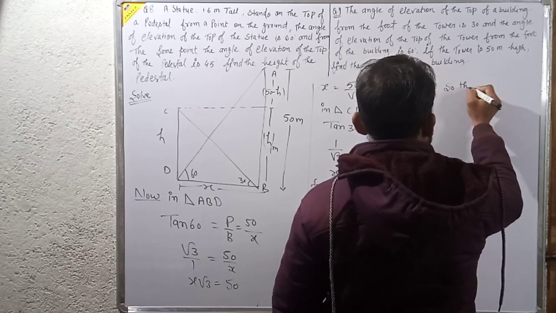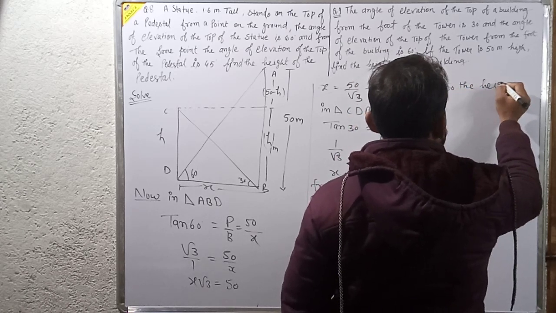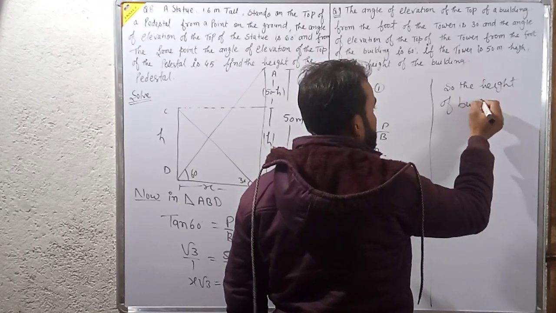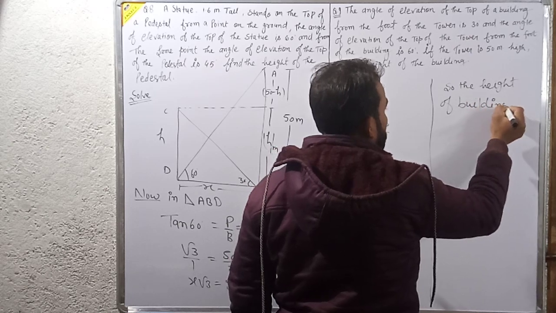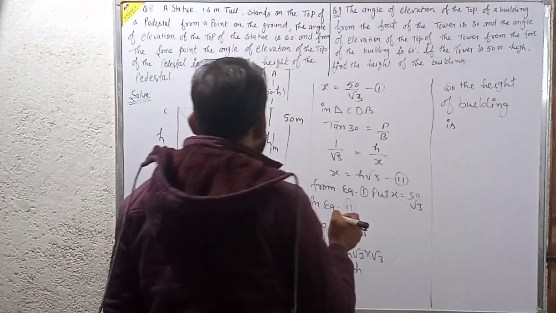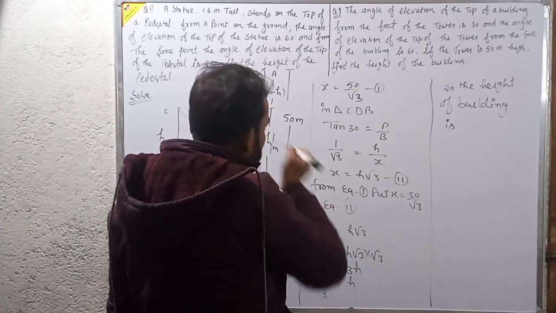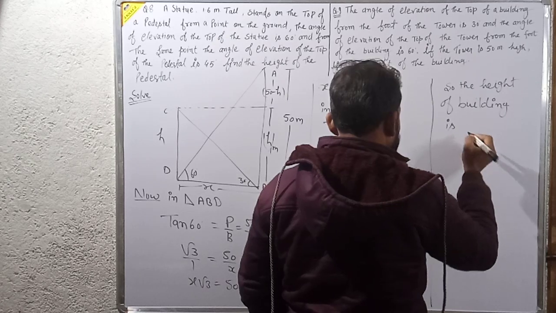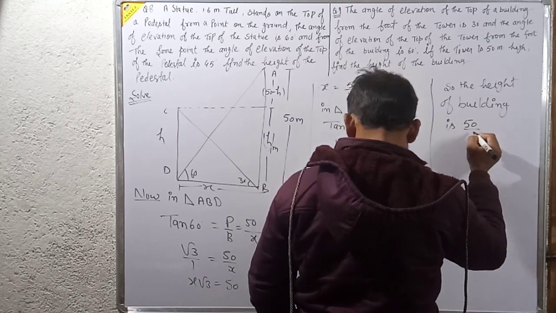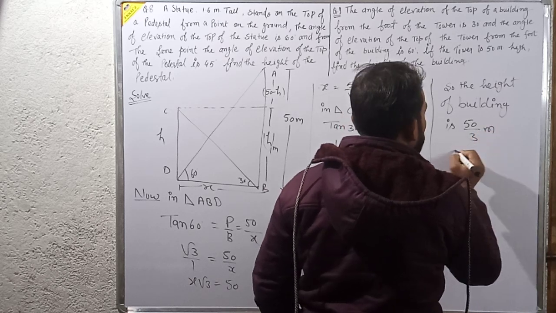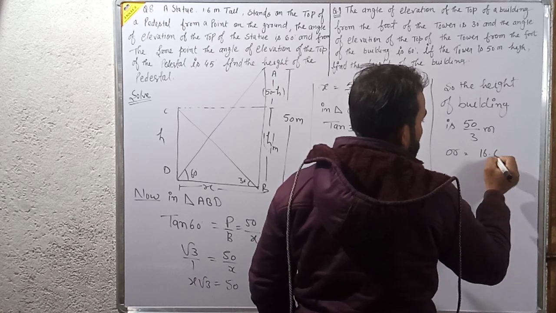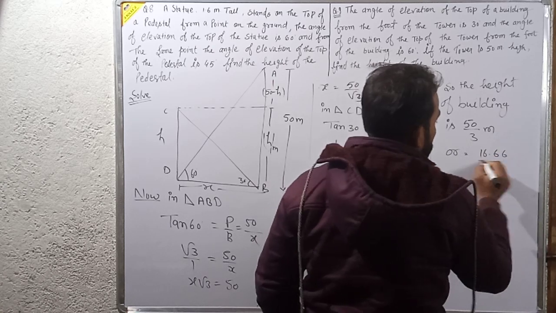So the height of the building is 50 upon 3 meter or 16.66 meter.